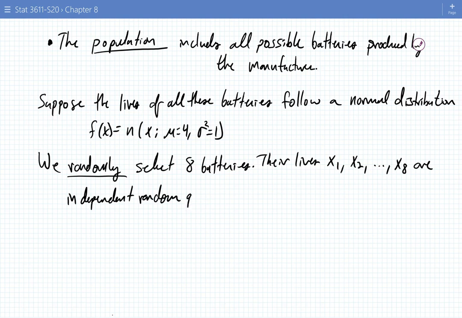Each of these, pulling from the normal distribution, is supposed to follow the population distribution.